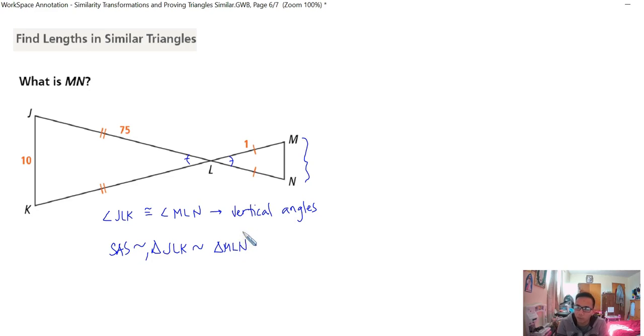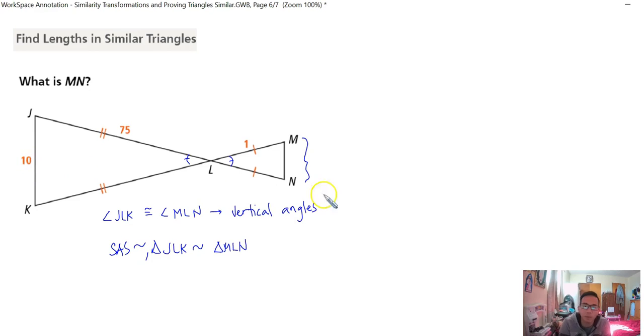Okay, so we have to write the proportion using the corresponding sides and solve for MN because we know it already that by SSS they are similar.